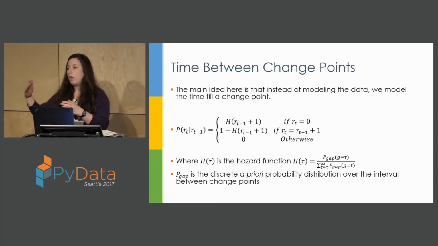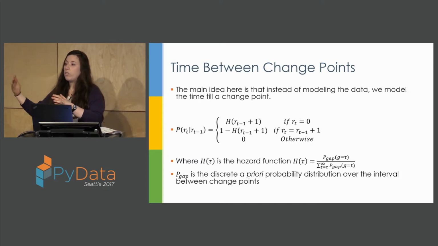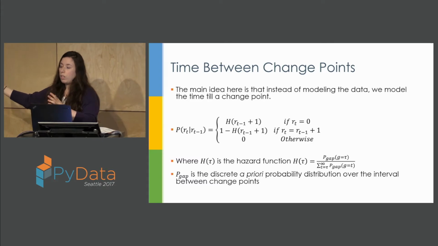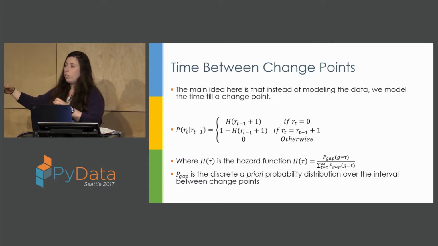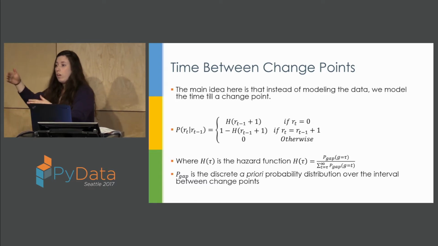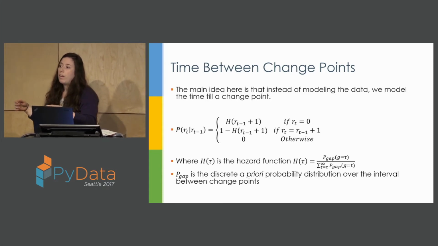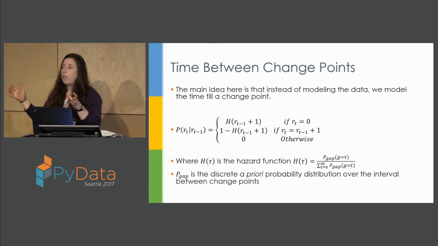Then as new data comes in, we create our Bayesian distribution as more and more data comes in, and then we can look for another change point, and then again the number of data points until a change point is 0, and so on. So we have this p gap, the distribution between change points. Every time we have a change point, we evaluate based on that p gap, the distribution until the change point.